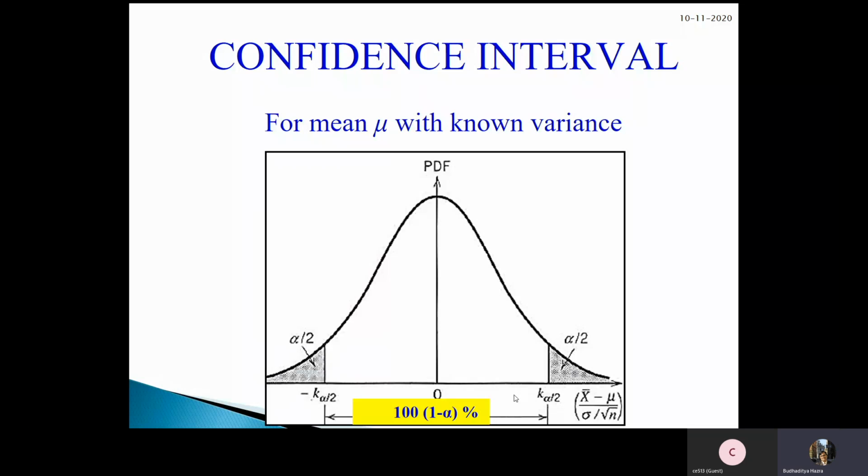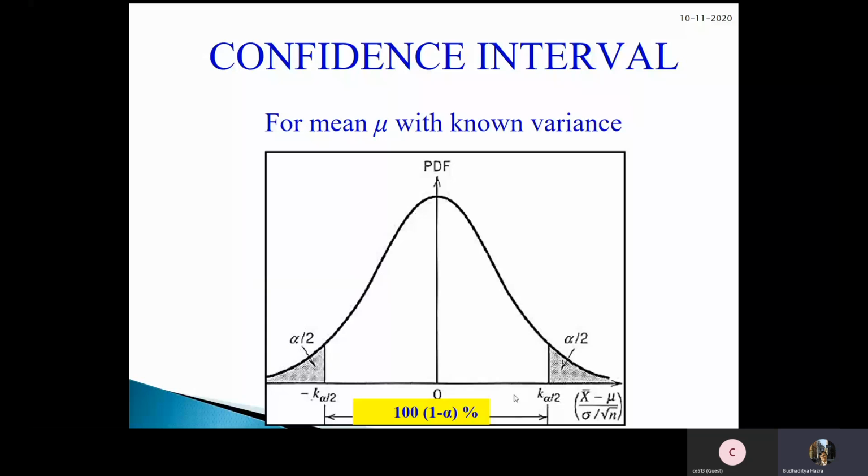Now this is exactly the definition of the confidence interval. The definition of the confidence interval is basically 100 into 1 minus alpha in terms of percent. Let us forget the 100, just say 1 minus alpha.